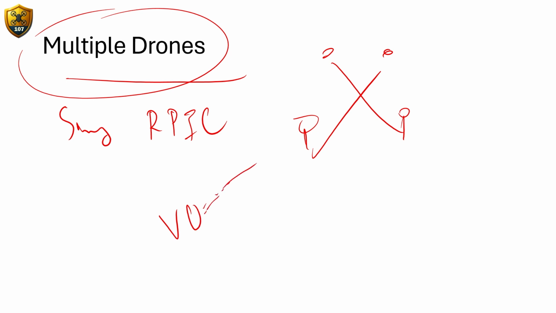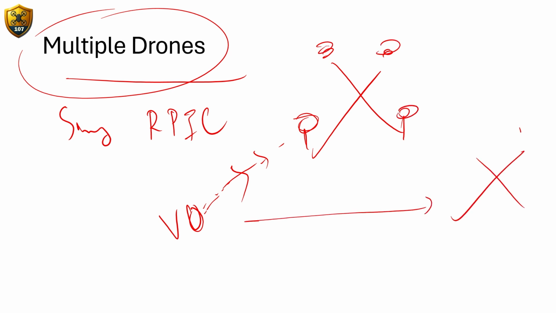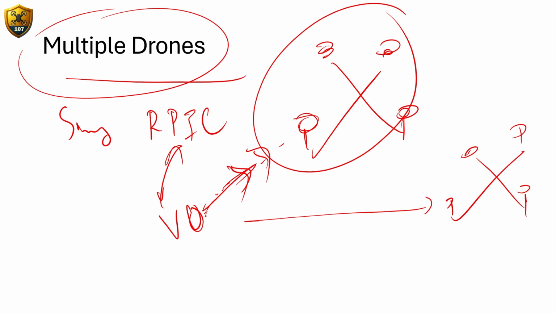If there's a visual observer, he should only observe the drone being flown. He cannot be a visual observer for multiple drones. That's not allowed. He should be able to recognize the other drones in the area, but the visual observer should directly communicate with the RPIC of this drone, not some other drone.